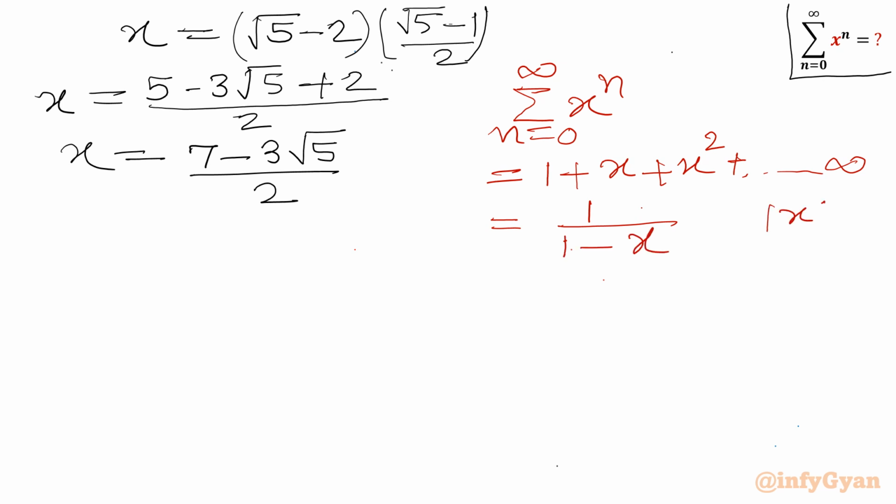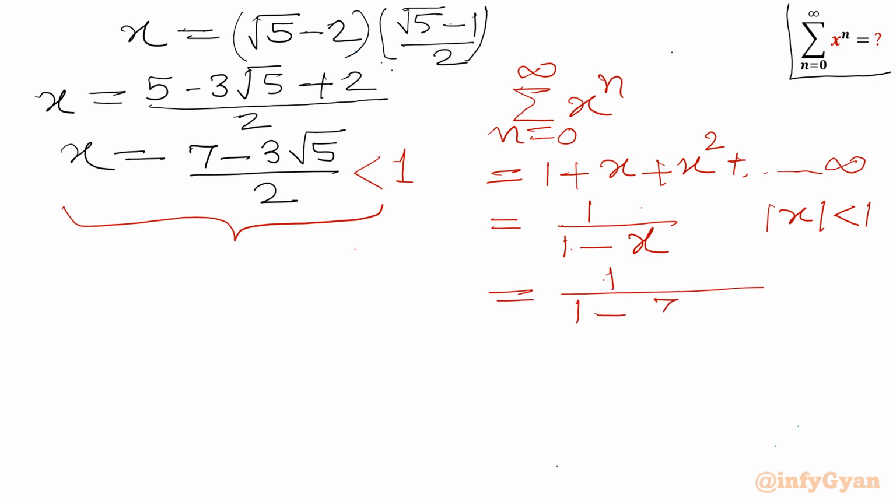Condition on x is mod x should be less than 1. So if we check our x, (7 − 3√5) over 2, it is less than 1. So the value will converge. I will write 1 over 1 minus (7 − 3√5) over 2.